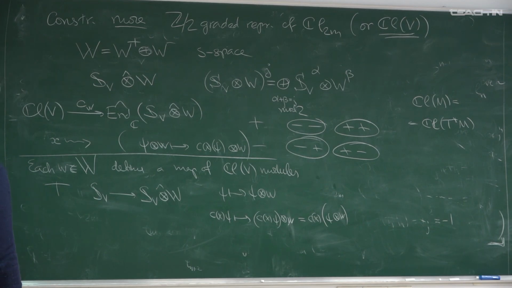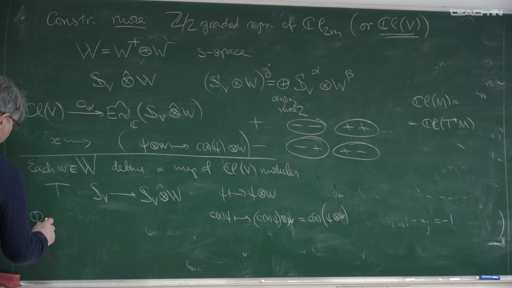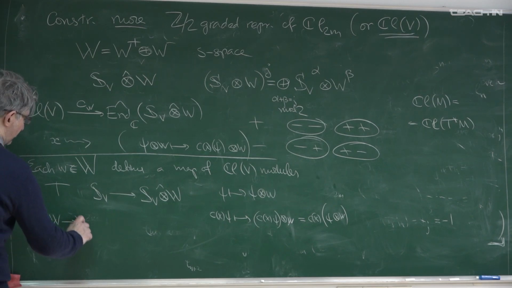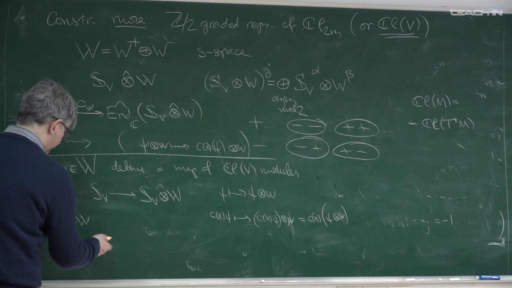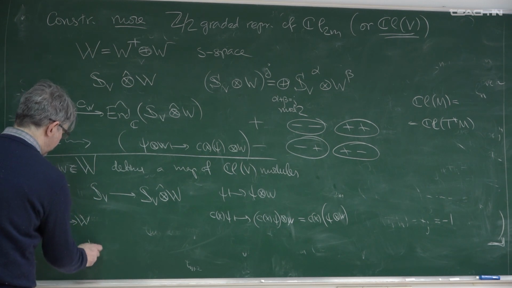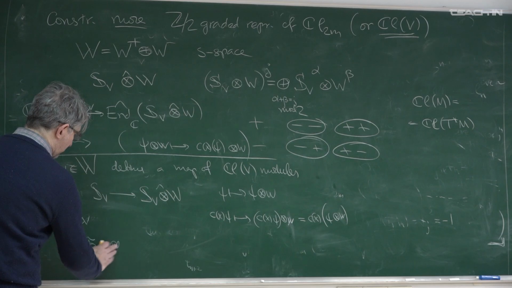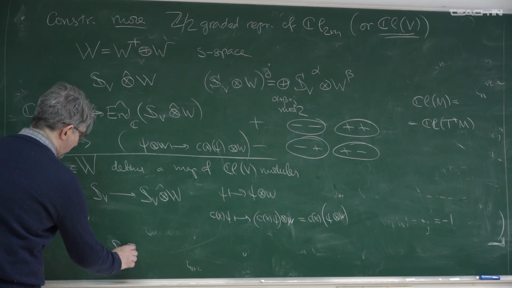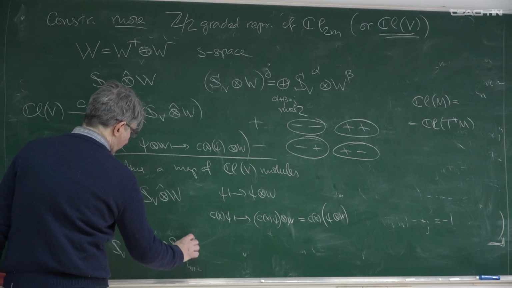Now imagine that we have a linear map. Phi is a map from W to W. It's more important for us. If we have a linear map from W to W, then we can make an induced mapping, phi tilde, which goes from S of V graded tensor product with W to S tensor W. Okay?